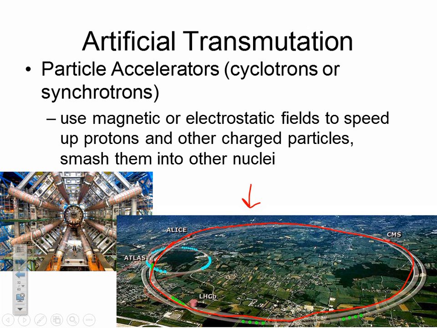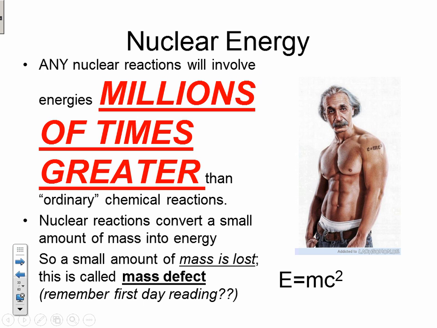So why would we want to do this? Why do we want particle accelerators? Why do we want to bombard nuclei with these high-speed particles and get them to change into something else? Because the process of doing that releases a tremendous amount of energy.